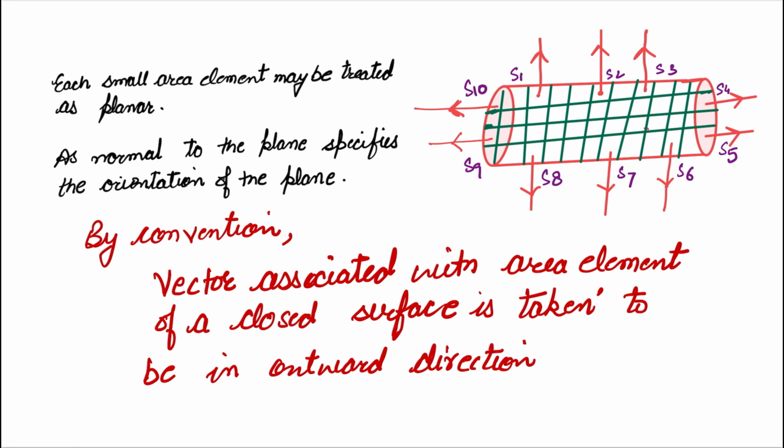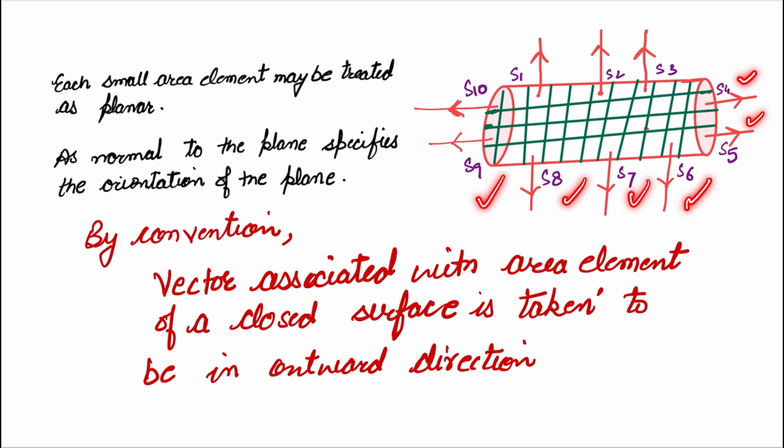So look, this is the first surface S1 which is considered as planar, and this is the unit vector, or you can say this is the normal which is perpendicular to this area element. Then S2 is another area element. This is the normal to the surface. This is the normal to S3 and S4, S5, and so on.